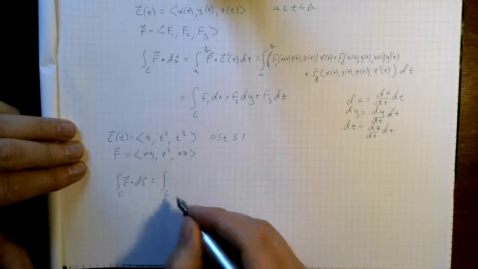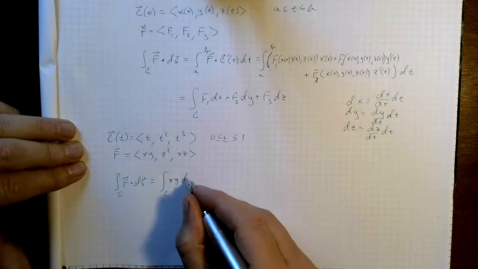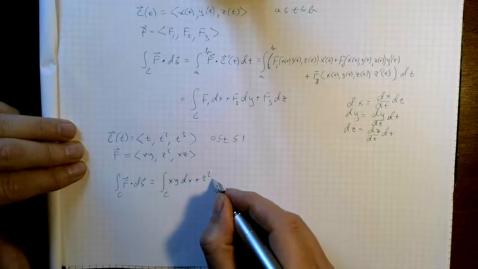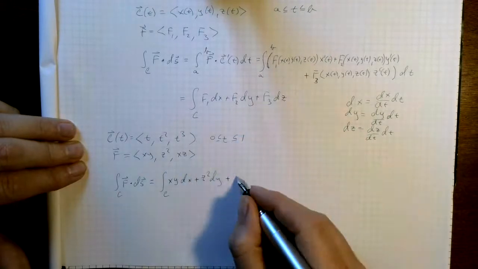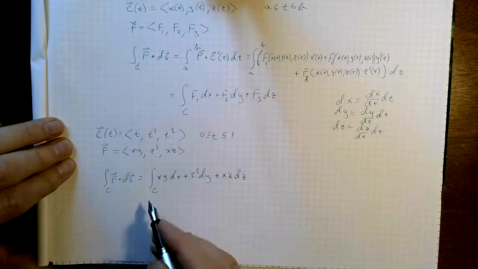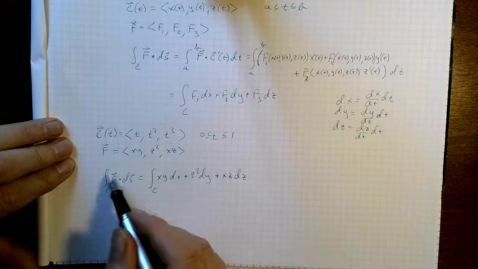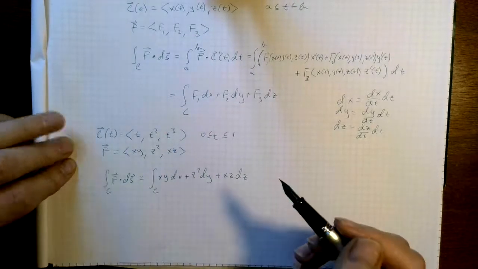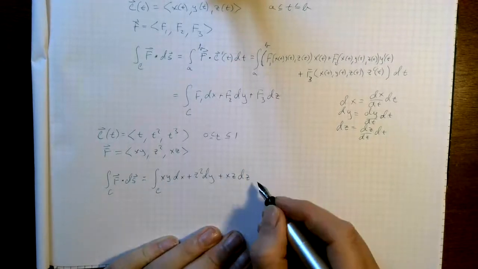So it's the integral over c of xy dx plus z squared dy plus xz dz, right? So you might see it using this formula, or you might see it as this formula. They're the same thing, just different notation for writing down exactly the same thing.